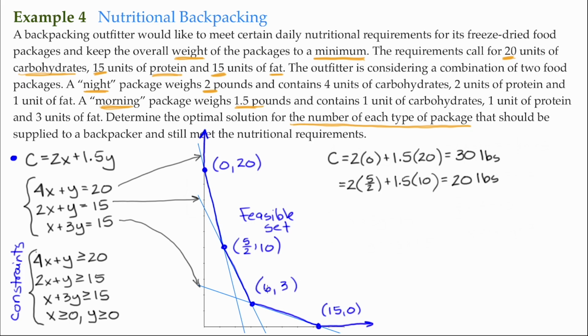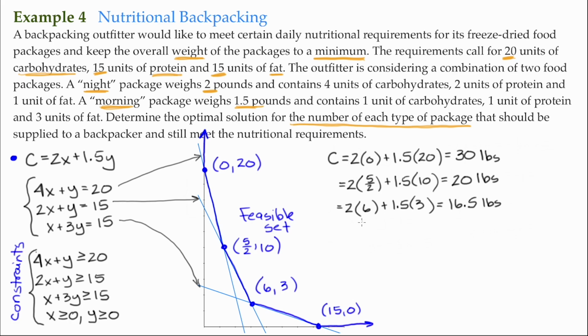We'll try this one here. 2 times x, which is 6, plus 1.5 times y, which is 3. 2 times 6 is 12. 1.5 times 3 is 4.5. 12 and 4.5, that's 16.5 pounds.